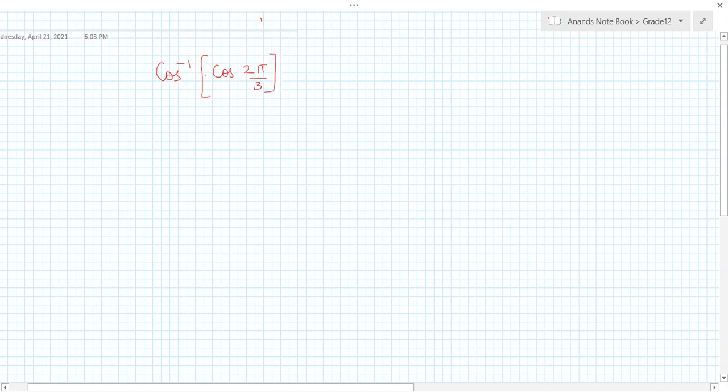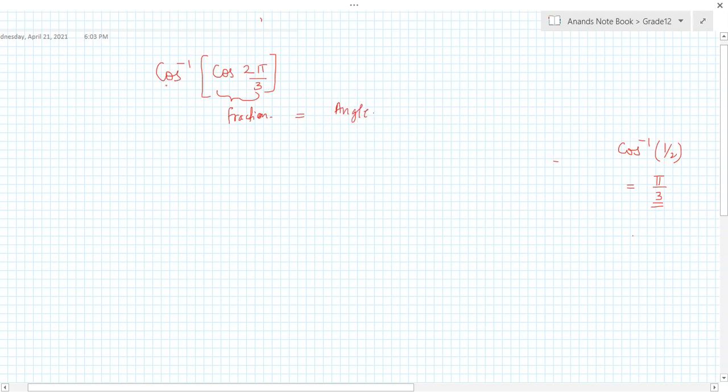So what is this answer going to be? You'll say, what is cos inverse of half? You'll get the answer as an angle, right? Cos inverse of half means 60 degrees, pi by 3, because whatever you take inside is a real number, and cos inverse of that is going to return an angle for you.